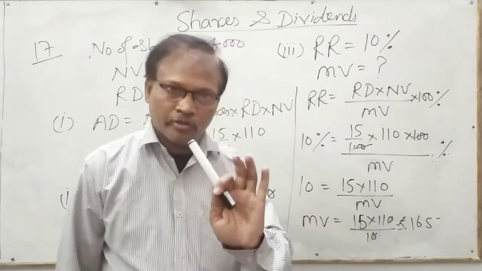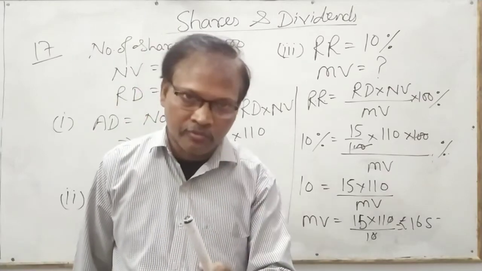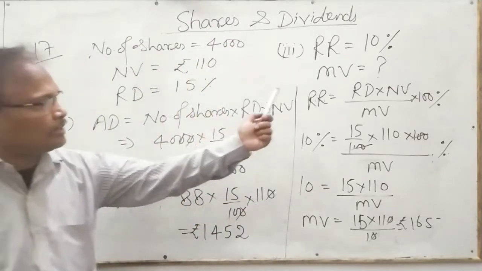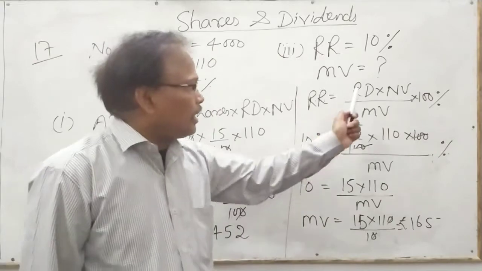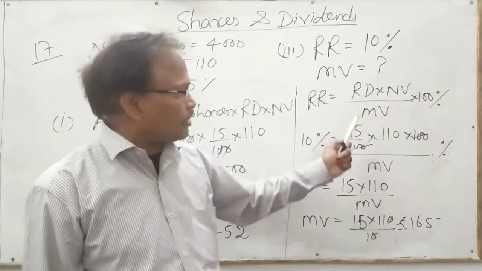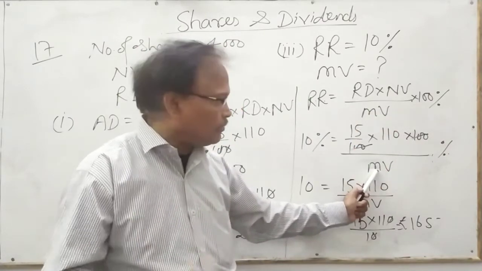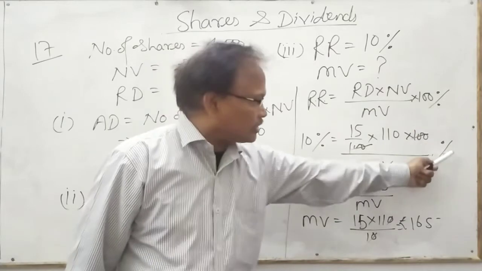There are only three formulas. The first one, number of share is equal to investment upon market value. The second one is this, and third one is this, RD into NV upon NV into 100%. So in place of RD, put here NV 110, MV, you asking the MV into this 100% side.